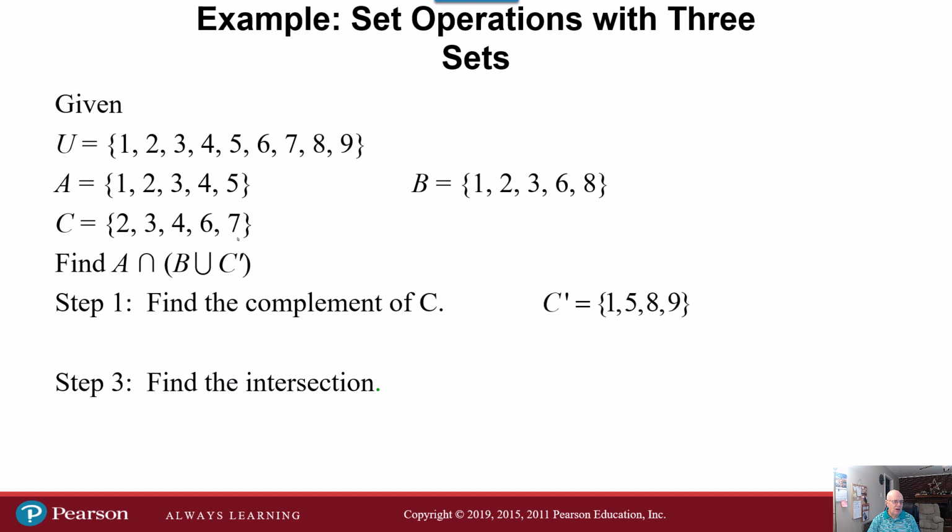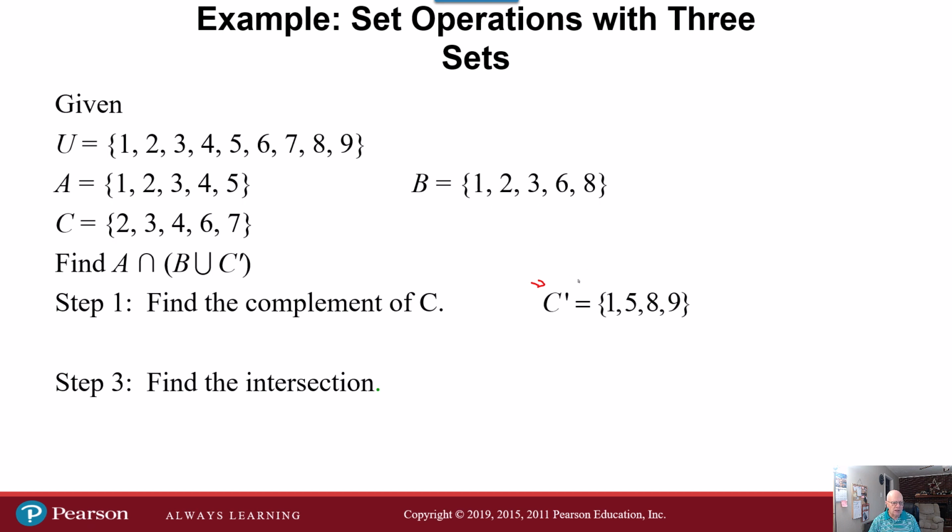What's next? What's next is you're still inside the parentheses. And you're going to have to find the union. You're going to have to find the union of B and the set that you just found, which is over here. So what's the union of those two? Well, look at what B has. Take all of those, all of these, throw them into one big bucket.